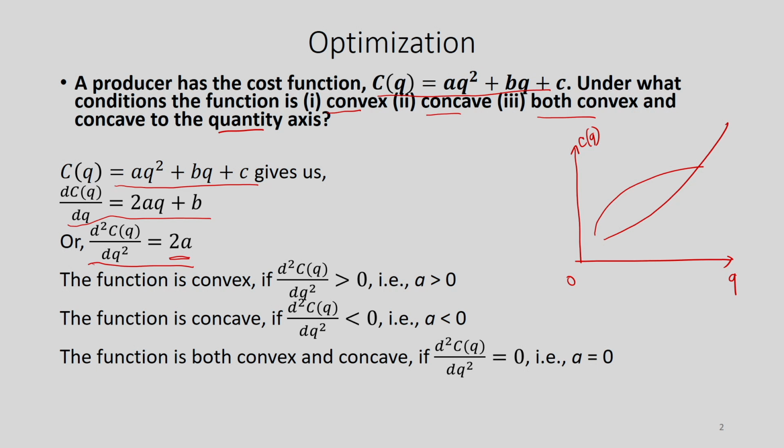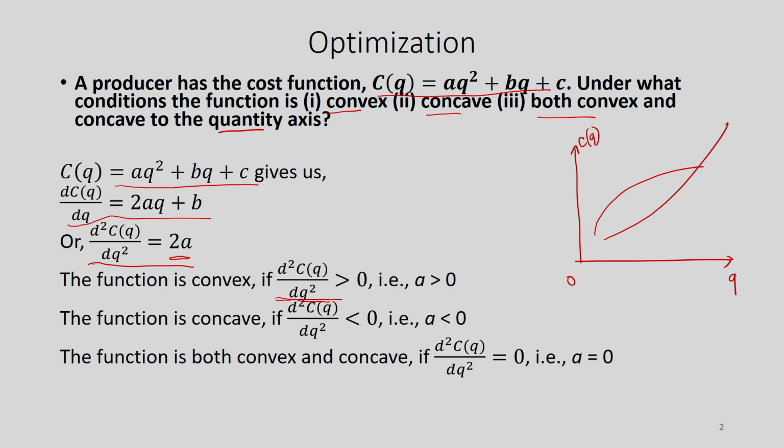Now, the conclusion will come: under what conditions is the function convex? Here we use the property that a function is convex if the second derivative is positive, right. The second derivative d squared C(Q) over dQ squared is greater than 0.